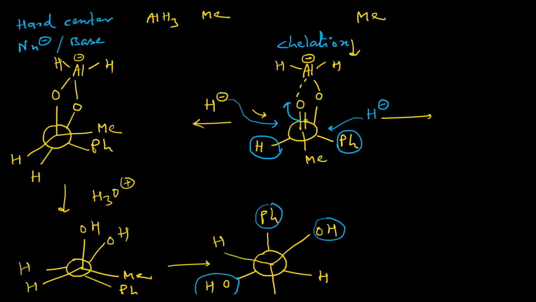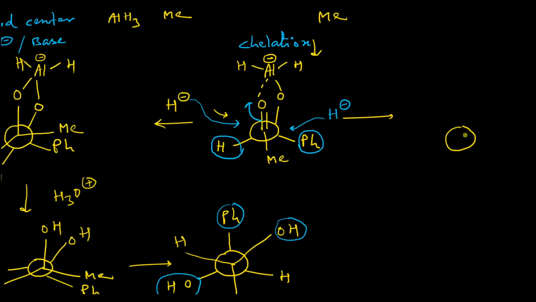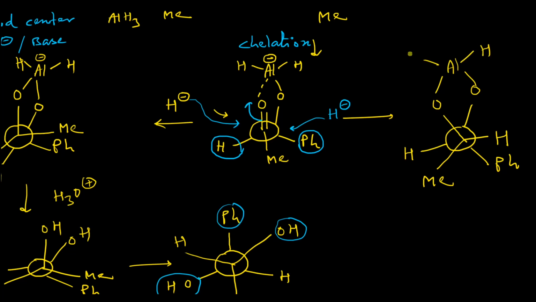So after this attack takes place, again the carbon oxygen double bond will break and it will give us this particular alkoxide. Here the aluminum will be negatively charged, right? So this is our hydrogen atom from lithium aluminum hydride.